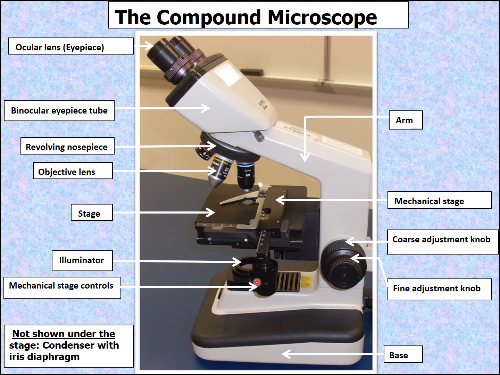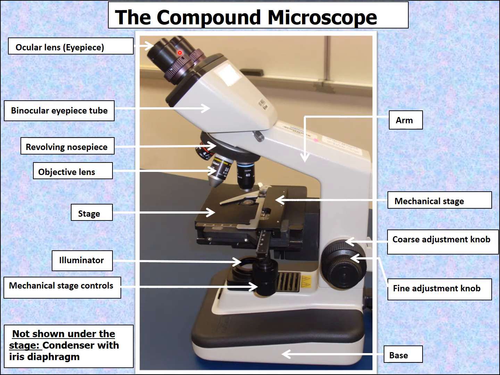Now let's work our way from the top to the bottom. The ocular lens, or the eyepiece. This is a binocular microscope, so that means there are two ocular lenses, one for each eye. You should be able to separate the distance further or closer together based on what's called your interpupillary distance, right?